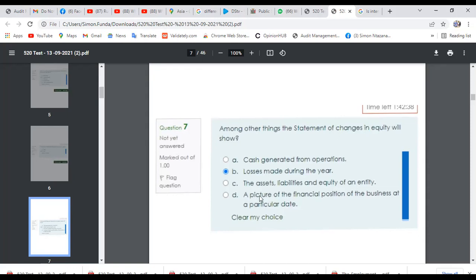This we find in a statement of financial position, not the statement of changes in equity. So D is not correct also. So meaning that B, losses made during the year, yes, these we record. I said the reserves, revaluation reserves, which also include the losses or retained earnings. These we record because they are part of equity for the business.